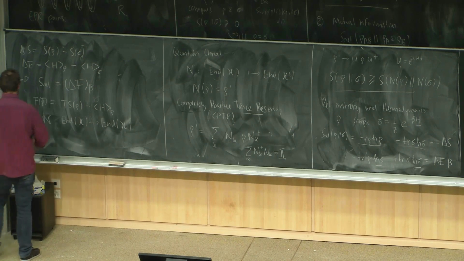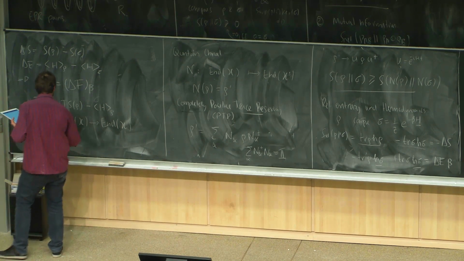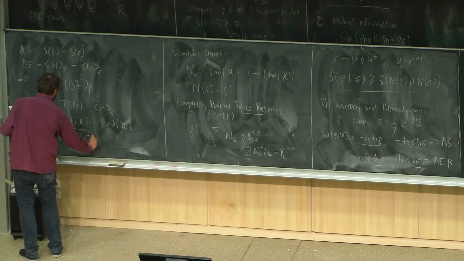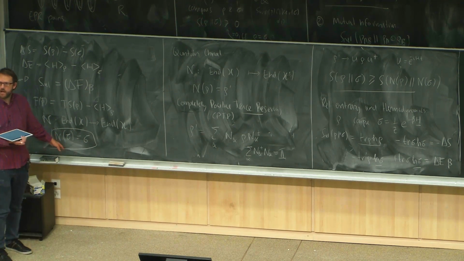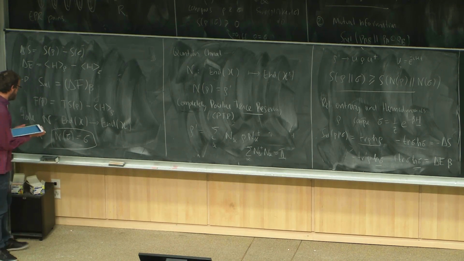And additionally, if we assume it has the property that it preserves the Gibbs state, so it leaves invariant the Gibbs state, then you can still calculate the new relative entropy under the action of this quantum channel using the same idea.